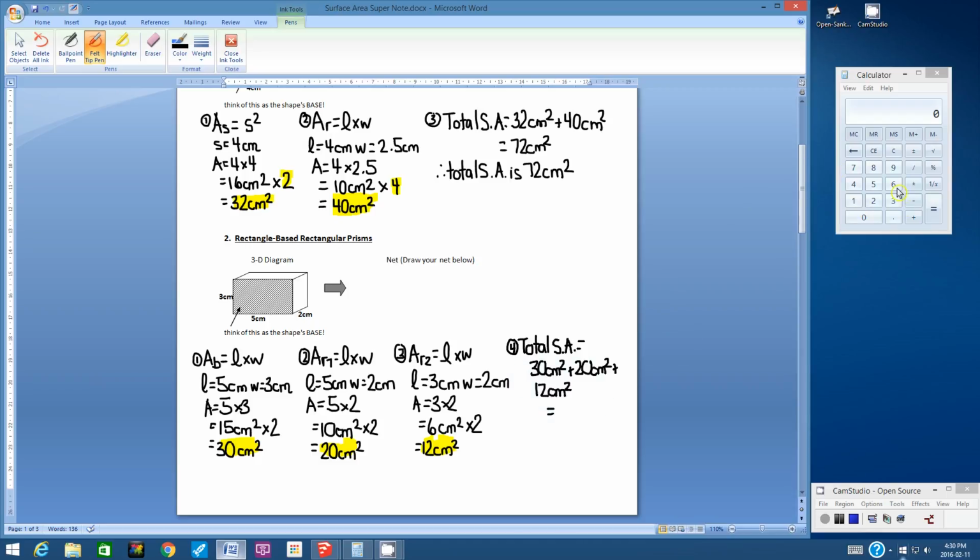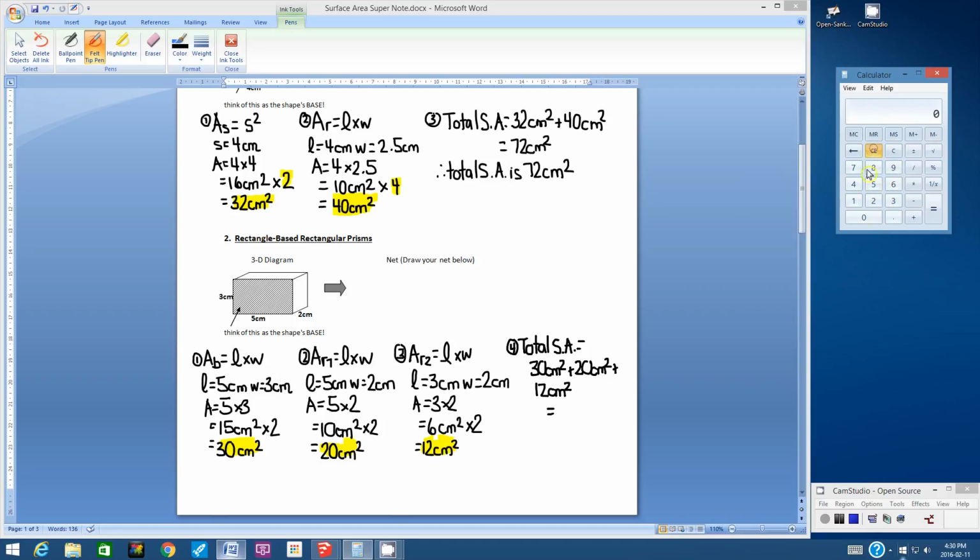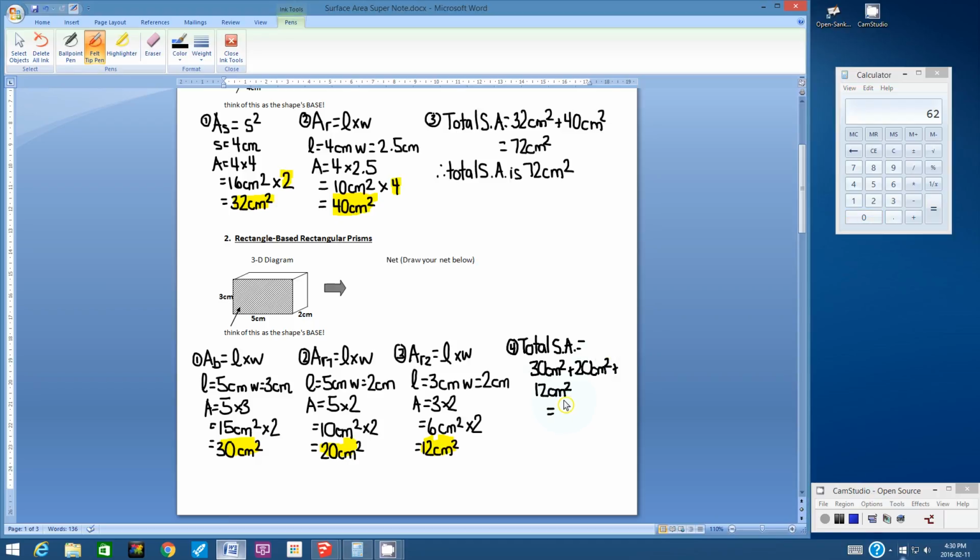Let's take out our calculators. 30 plus 20 plus 12, and I got a total of 62 centimeters squared.